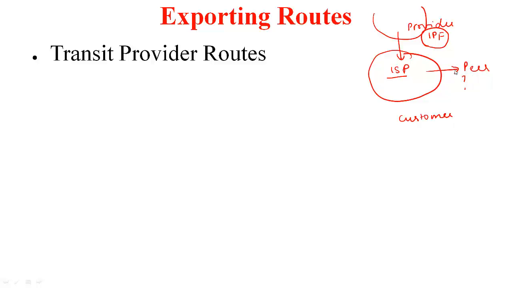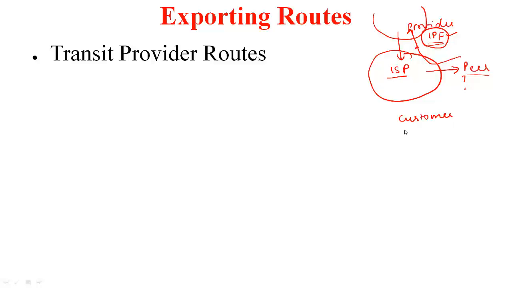If you were to export it, what the peer will do is, to reach some network within this, it will now start sending data via you. These networks that are represented by these IP prefixes are not your customers. So you are carrying traffic from the peer ISP to the provider ISP where you are not getting any benefit out of it. So you should not export these prefixes you have learned from your provider to your peer.